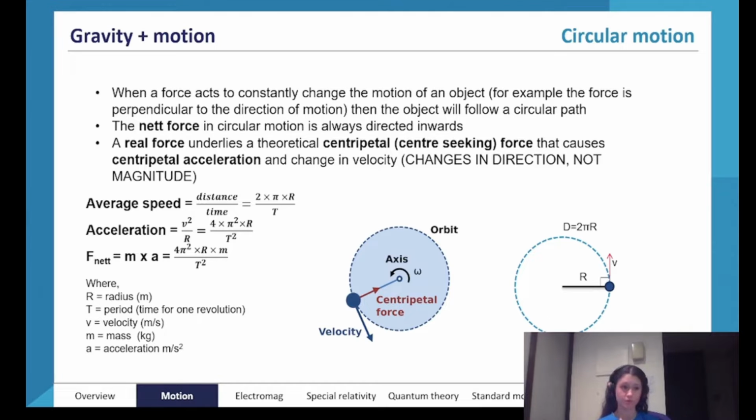It's one of Newton's laws. The object will always want to travel the way it's going at that moment unless acted on by another force. So in the ball's case, the string in the center is holding it and forcing it to go around in this direction. So it's always accelerating inwards because it's always being pulled back towards the center of motion.